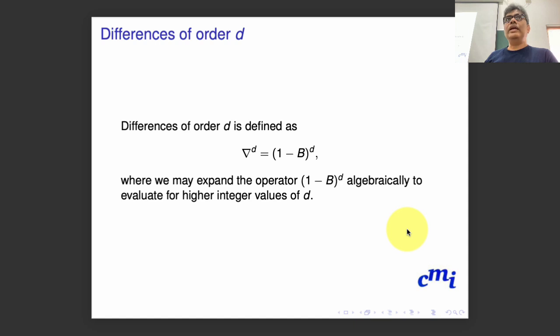You can take your d as a fraction. I understand it is a bit of an abstract idea, but it is actually doable. Think about it: if instead of 1, can I take half here and then expand it? It will give me a model.